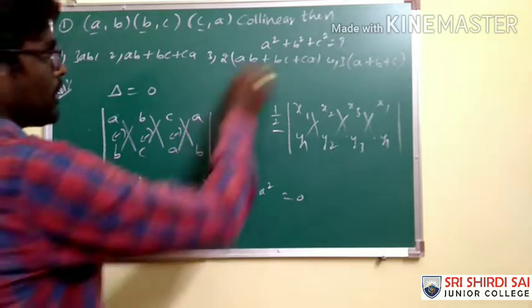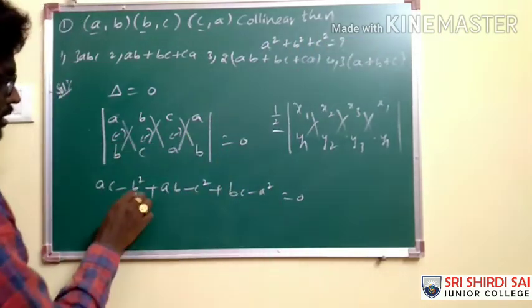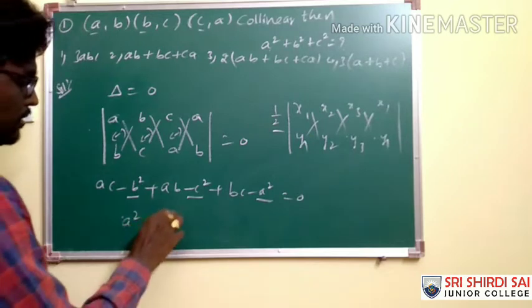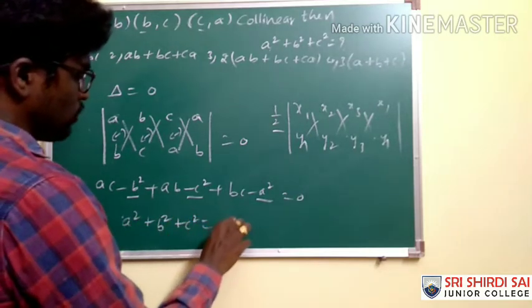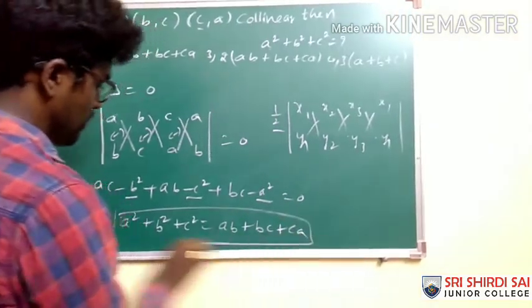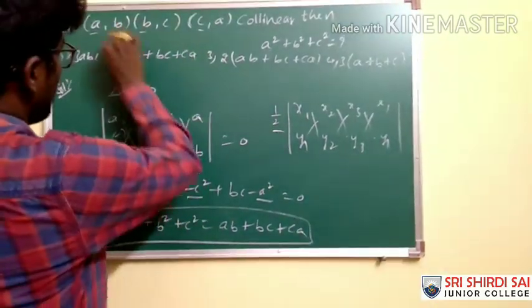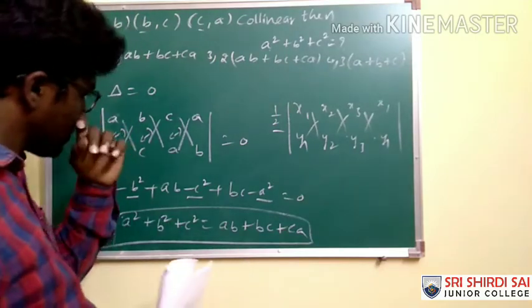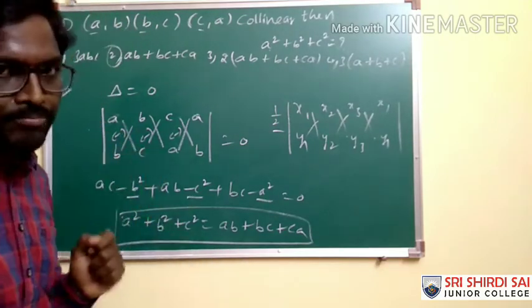Therefore, transposing all these three on the other side, A square plus B square plus C square is equal to AB plus BC plus CA. What is the suitable option? Second option. See, with the help of this formula, we could do this problem very easily.